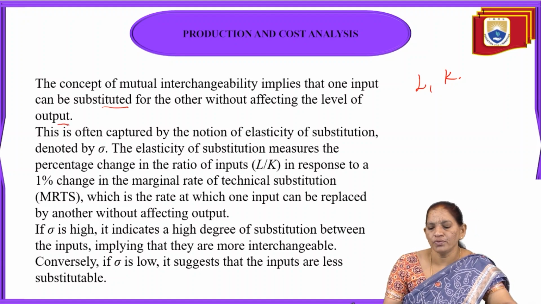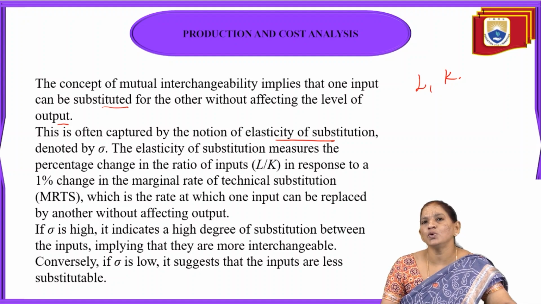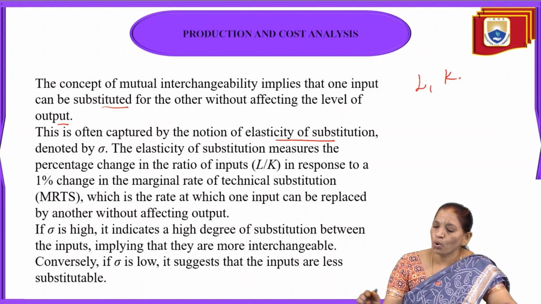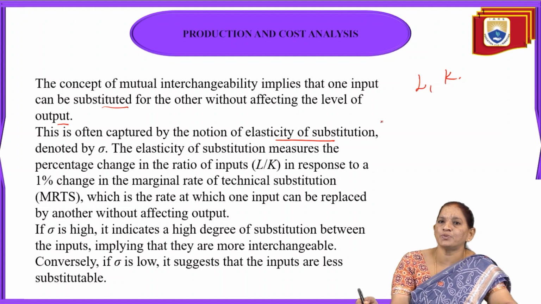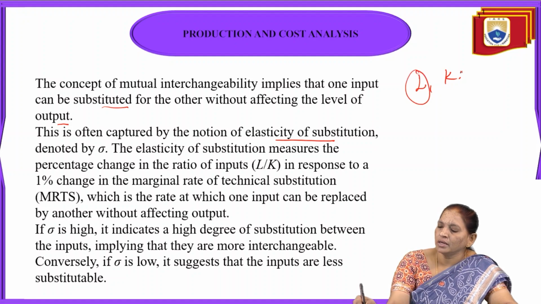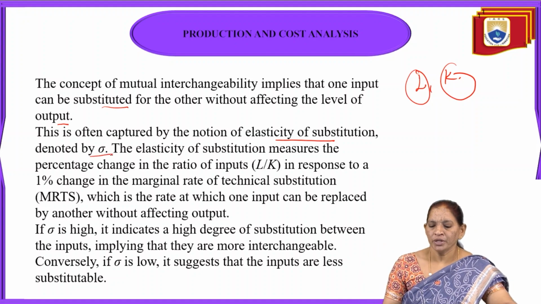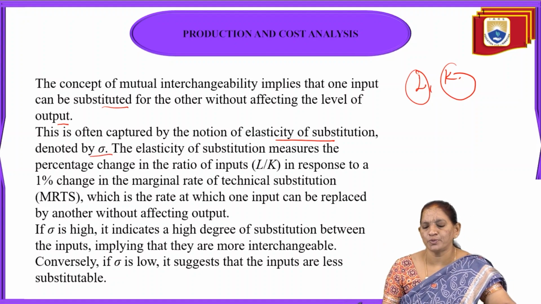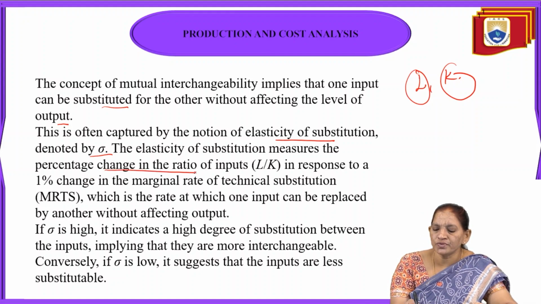This is often captured by the notion of elasticity of substitution. As we know, elasticity means responsiveness, the percentage change in one factor relative to another. What percentage change we can identify in substituting labor for capital we denote by sigma.